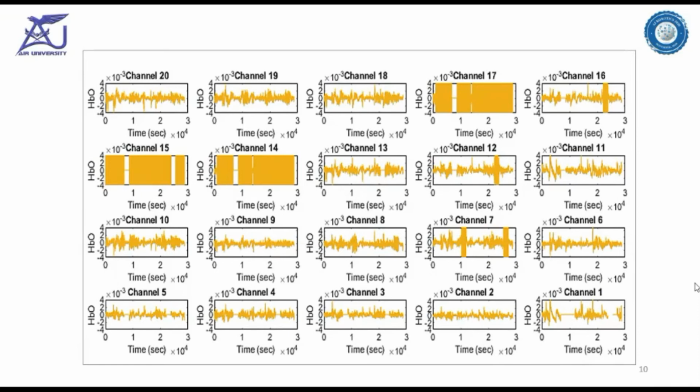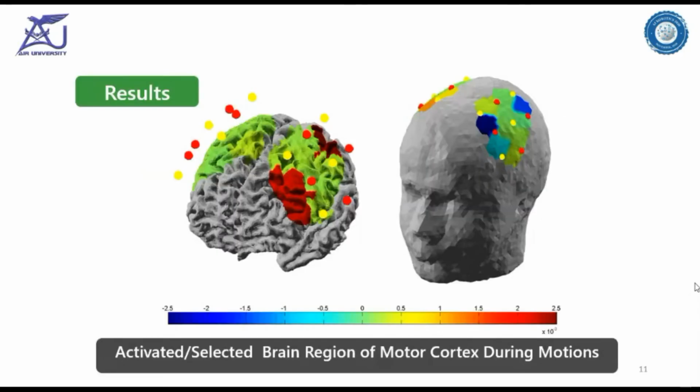Obviously, there will be less computational time and cost, so a control command will be generated fast rather than implementing it on all 20 channels. We can select 4, 5, 6 prominent channels to just translate that into control commands.